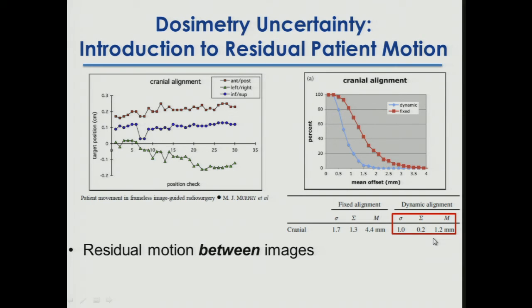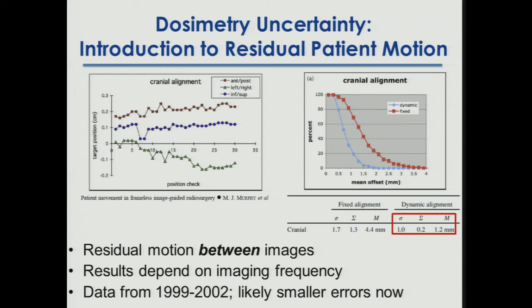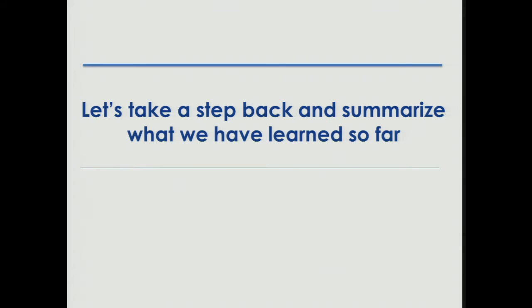And this is just residual motion between images and not residual motion overall. So this actually makes the case that you need intrafraction motion monitoring if your fraction length is anything more than 5 minutes. The result depends on your imaging frequency and treatment delivery time. This is older data. The errors are more likely much smaller now.